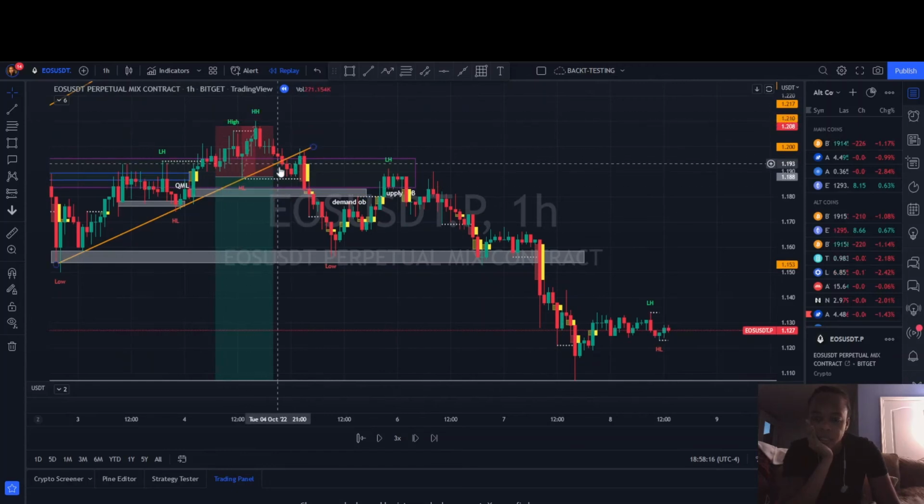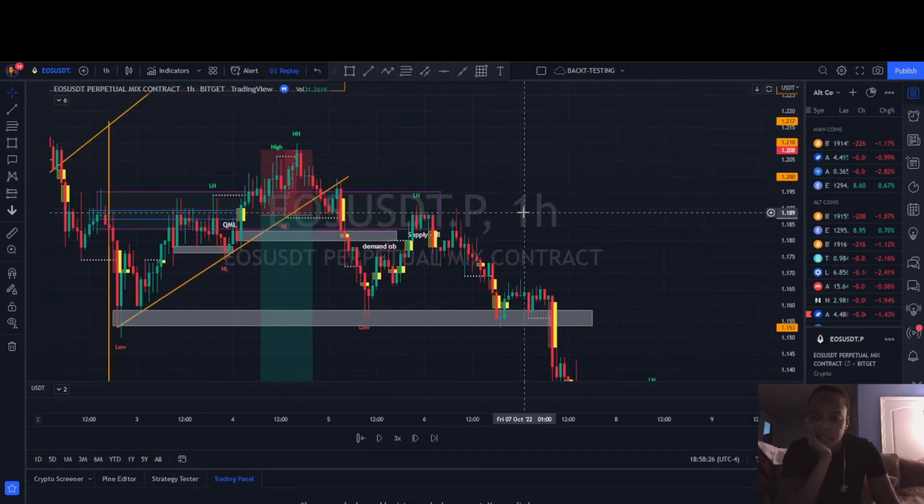And I always want to enter too early, and I ignored this secondary juicy break right here, because I focused on this one for a demand thing to go up. Well, we adjusted, right?